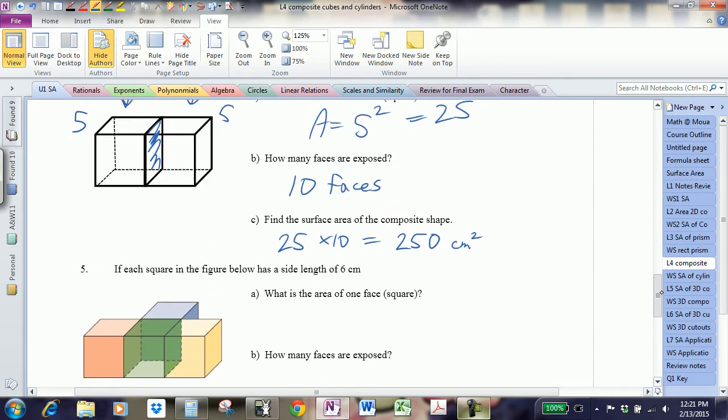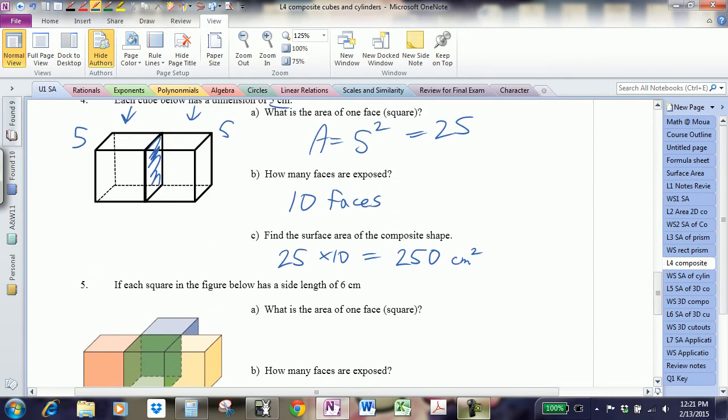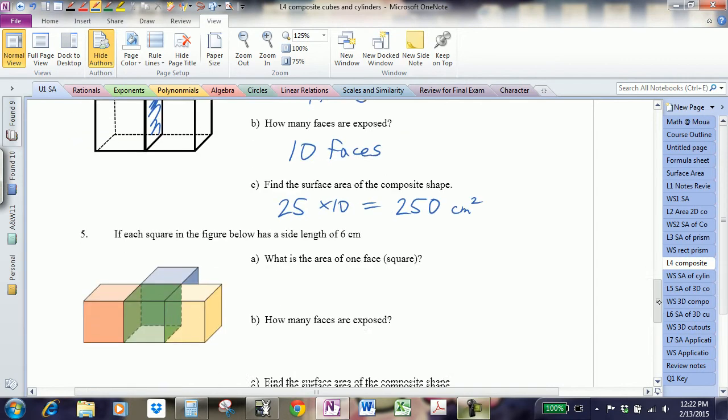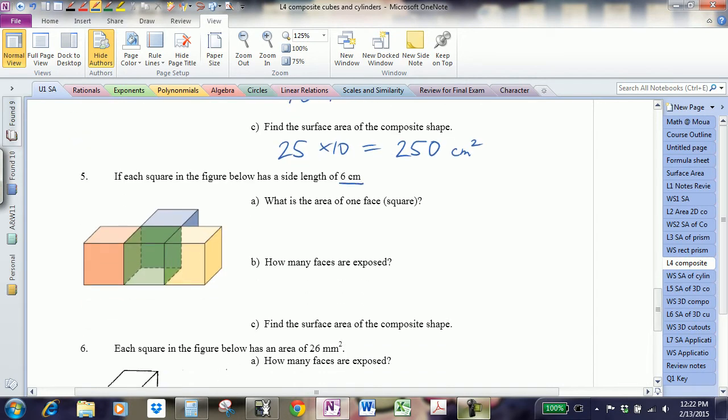Please now complete number 5. Okay, so now the side length is 6. So the area of one face would be 6 squared, 36 centimeters squared. The cube at the back, this blue one, how many? 5. One face is touching right here. The yellow one, how many? 5. The red one, how many? What about this green one?